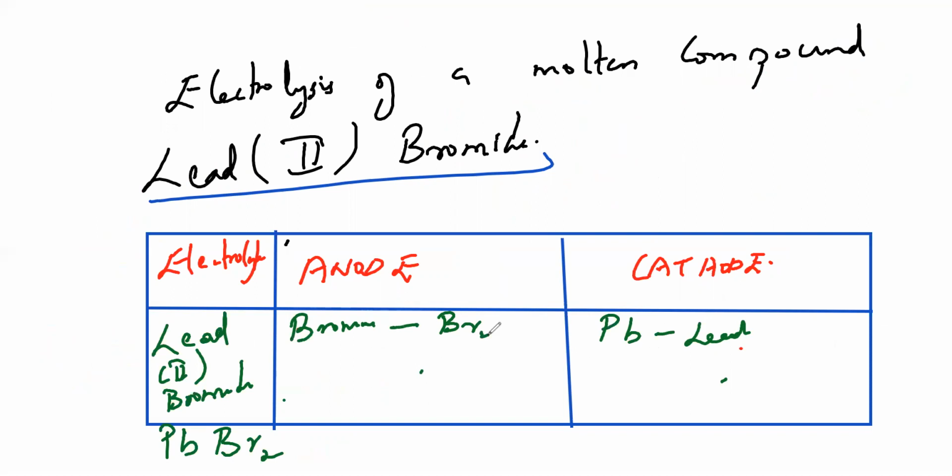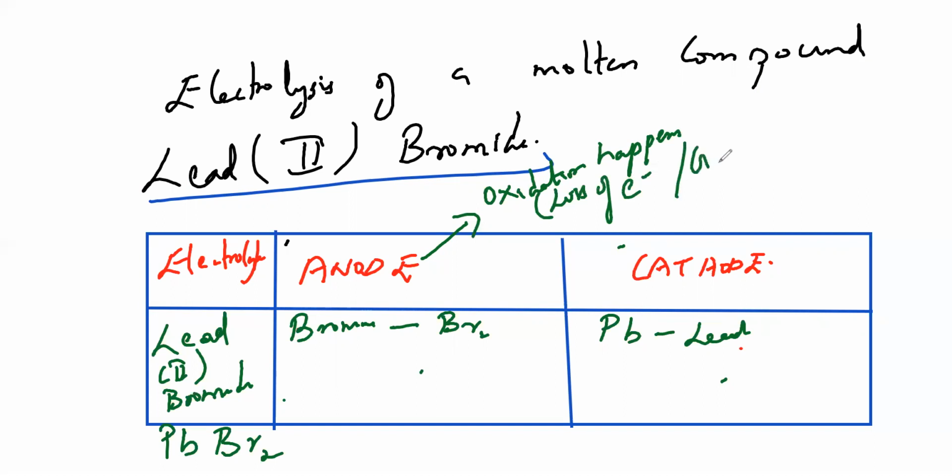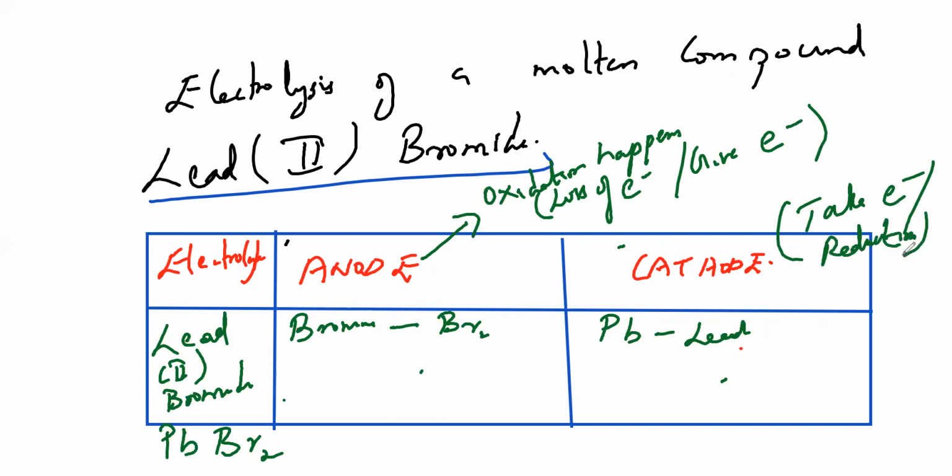And at the cathode, what happens here? Cathode takes electrons. What happens at the anode? Oxidation happens. So what is oxidation? Loss of electrons, or giving electrons. Cathode takes electrons, which is reduction.